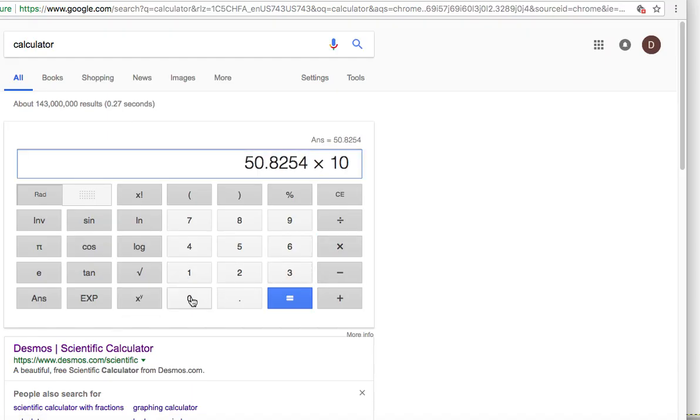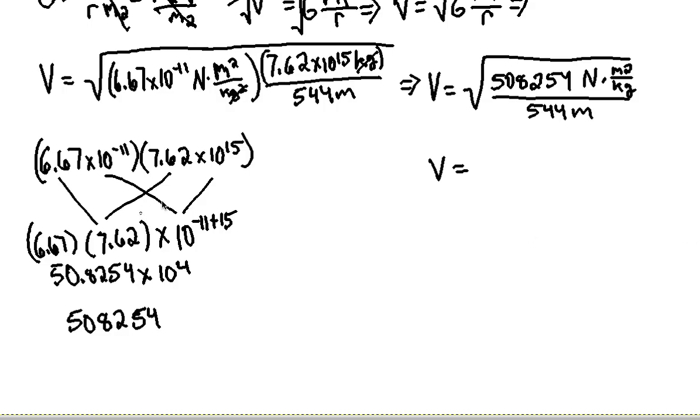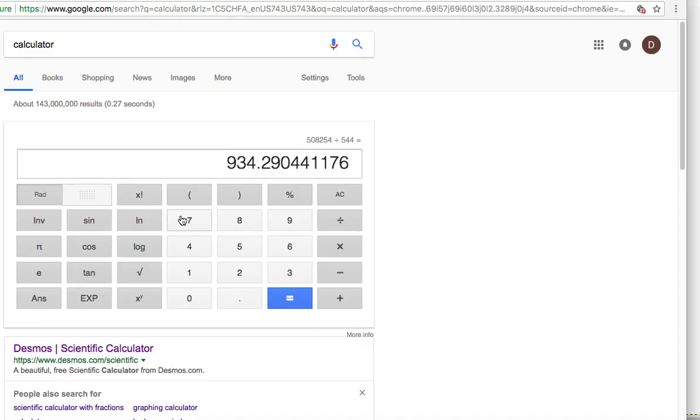Multiply this by 10 to the 4 divided by 544 gives you 934.29. And this is in, or square rooted, 934.29. So I could go through all the dimensional analysis again, but I just did it in the last problem. So all we need to do is take the square root of that last number, and we get our velocity, 30.567.